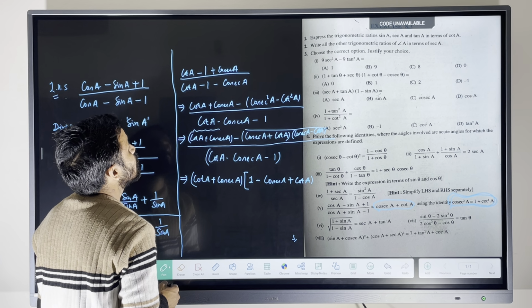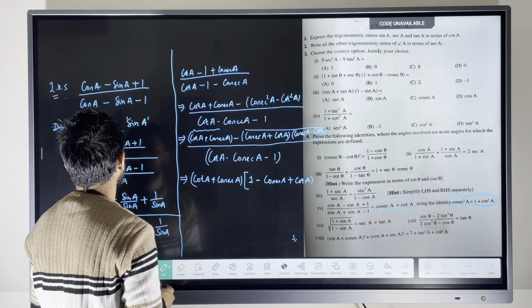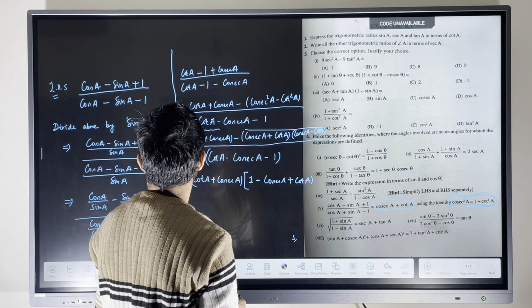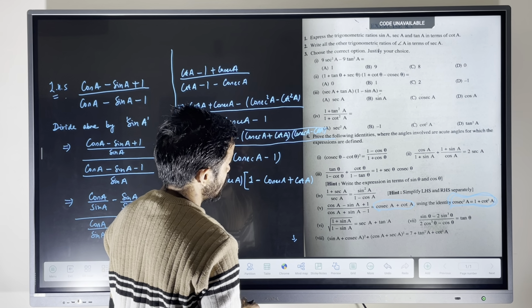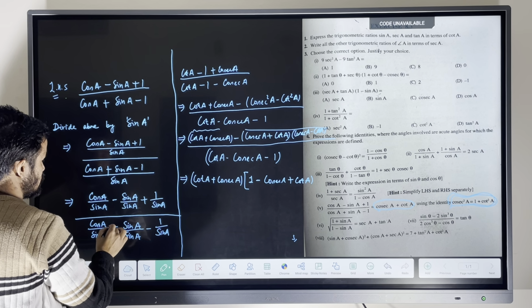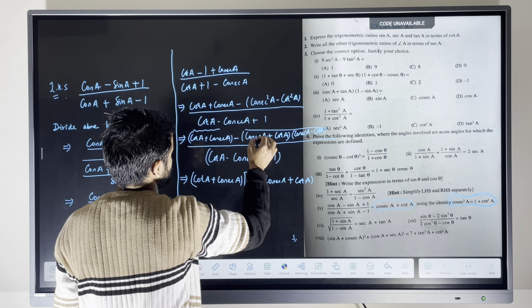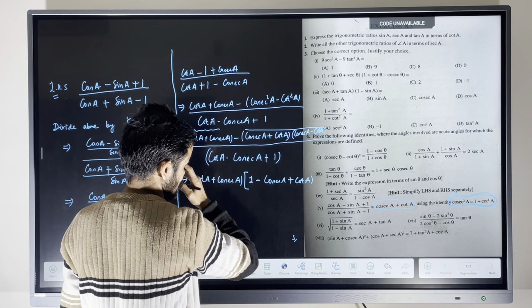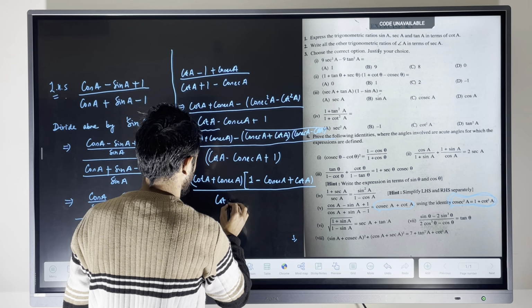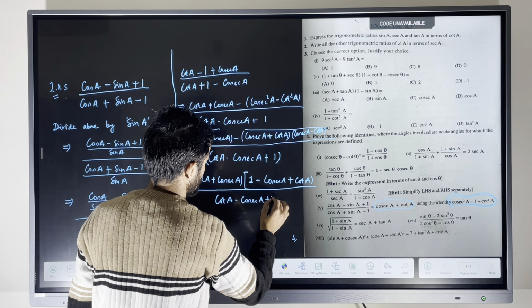So it will be 1 minus cosec A plus cot A, upon cot A minus cosec A plus 1.